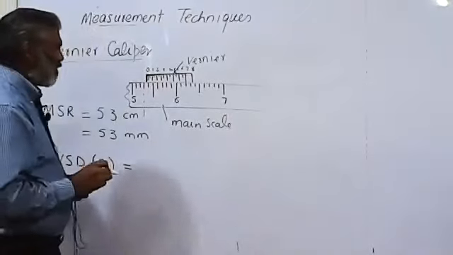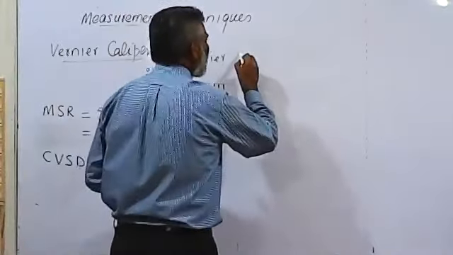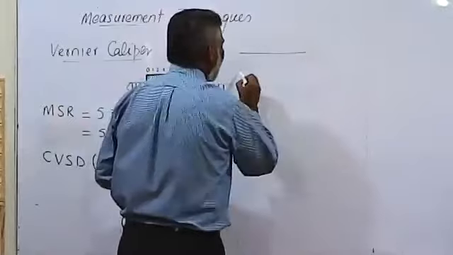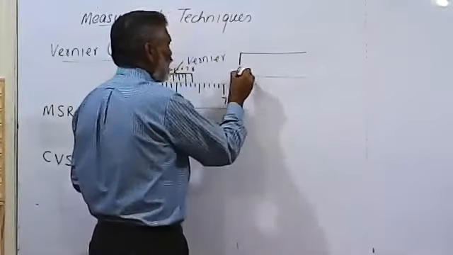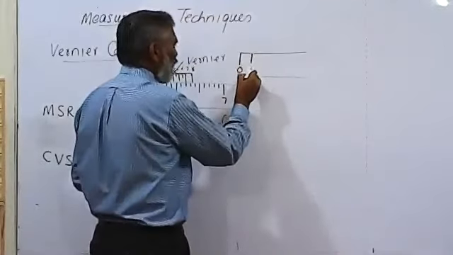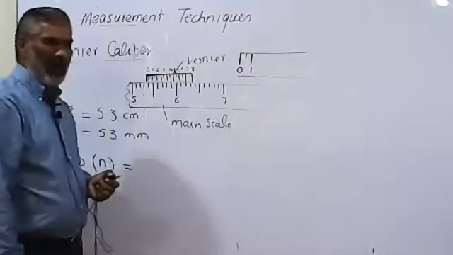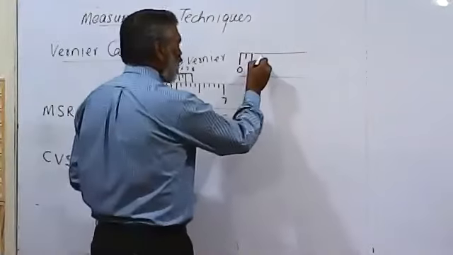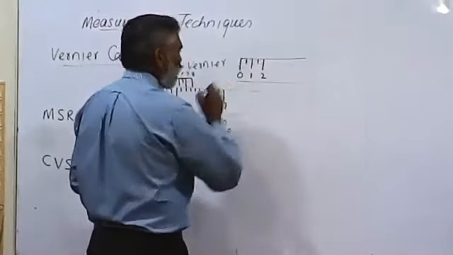So if we have, let me show by making a bigger scale. A Vernier scale looks like this actually. If you have a 0 here and you have 1 here, there is a division in between 0 and 1. If you have 2 here, there is a division in between 1 and 2.